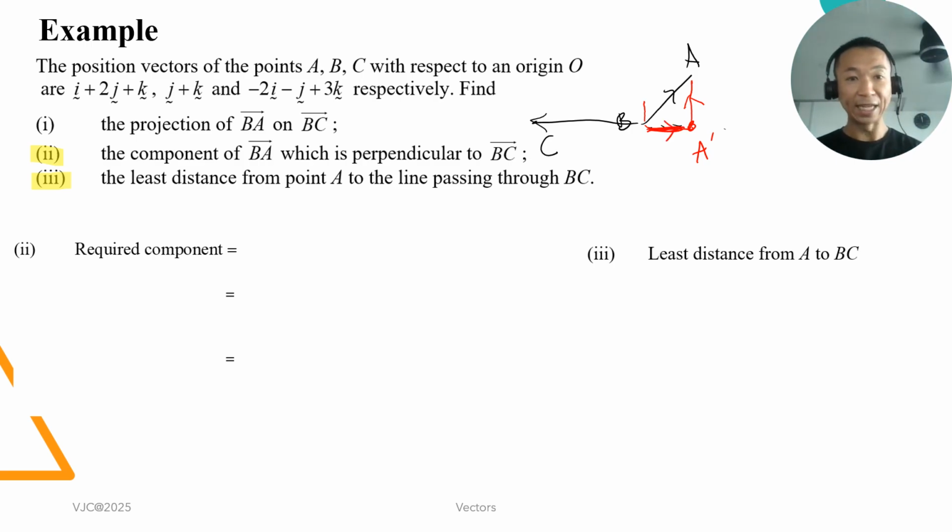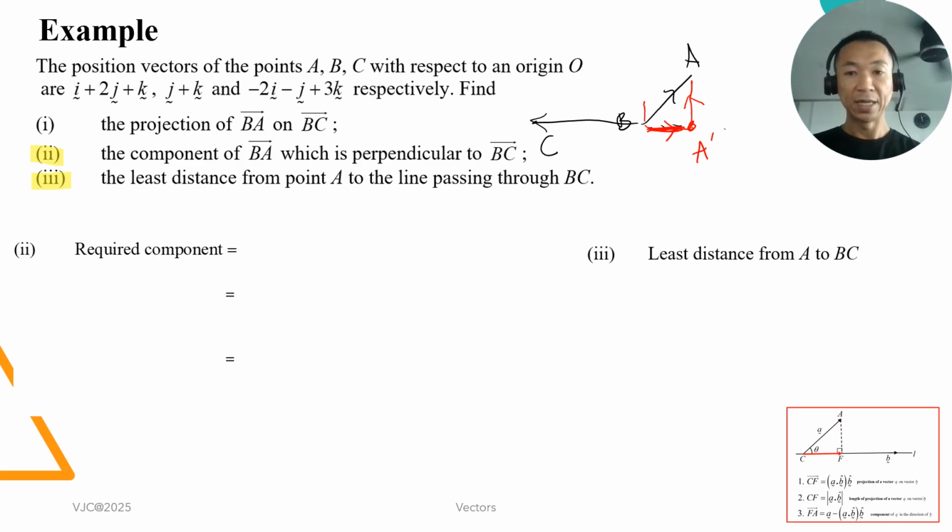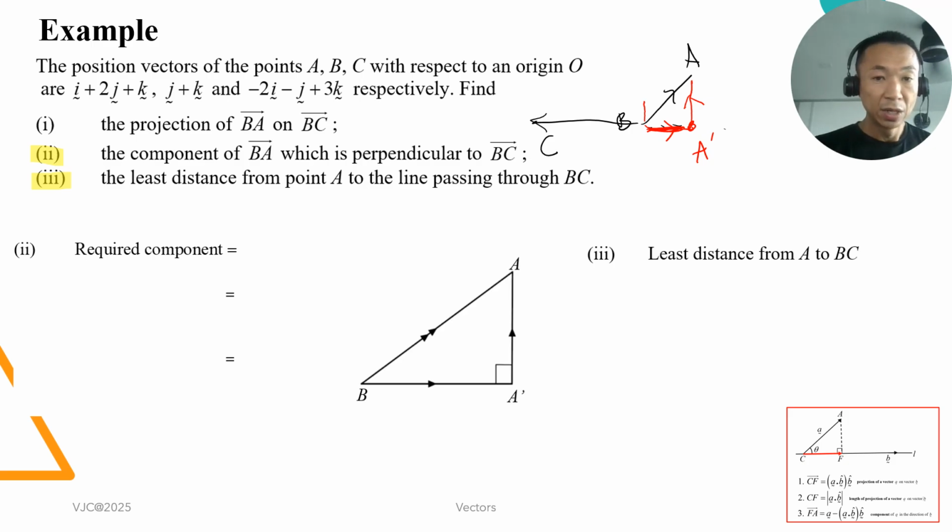Let's go back to here. I would always like to put this in the corner to remind ourselves. Now, in the diagram here, what do you want? This BA prime is actually known.